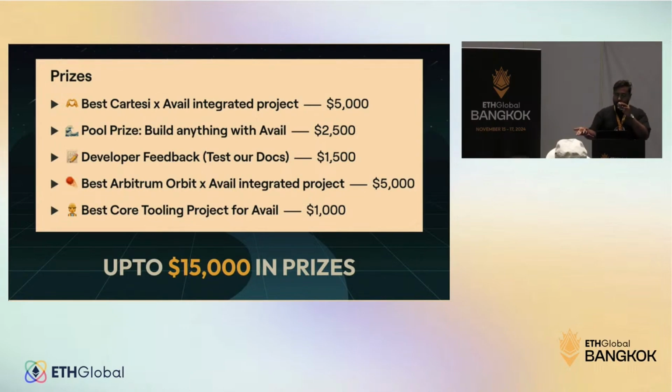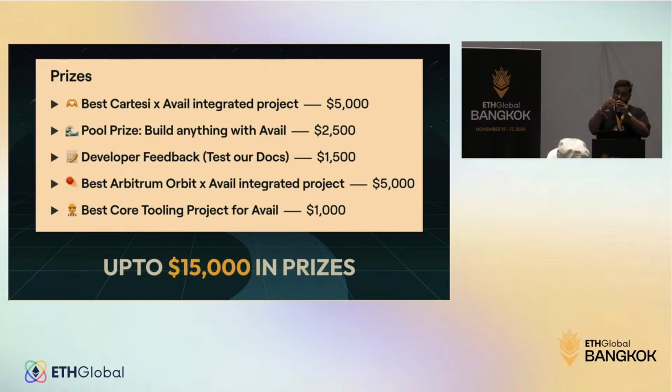The good thing about the Cartesi and the Arbitrum Orbit bounties is that they're kind of joint bounties. If you build with Avail and Cartesi, we are sponsoring $5,000 and Cartesi is also sponsoring $5,000, so overall it's $10,000 you are vying for. And also the same for Arbitrum Orbit. They have around $5,000, if I'm not wrong, as their bounty prize for Arbitrum Orbit.